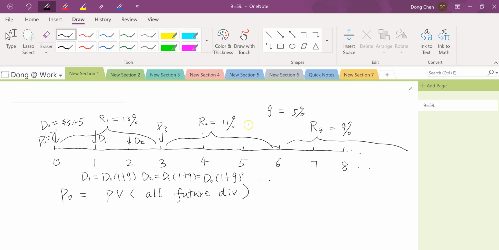What we can do is, first, this is D6 and this is D7. We can first figure out the price here. So this is P6, the expected price at year 6. And how do we do that? Because when we stand here, we draw a separate line.